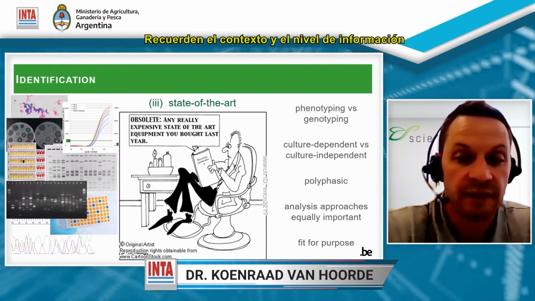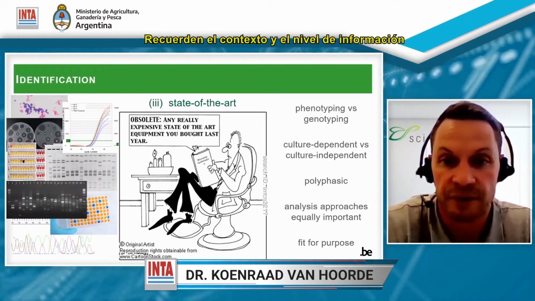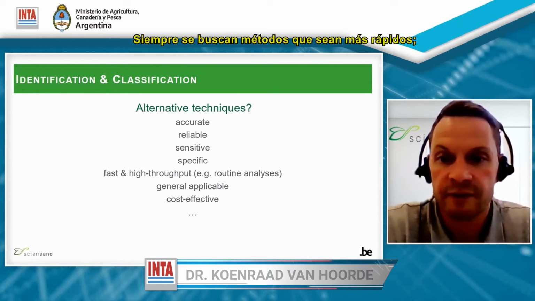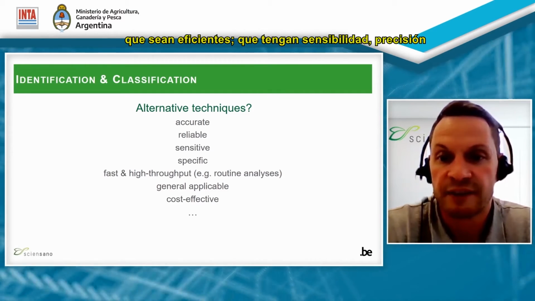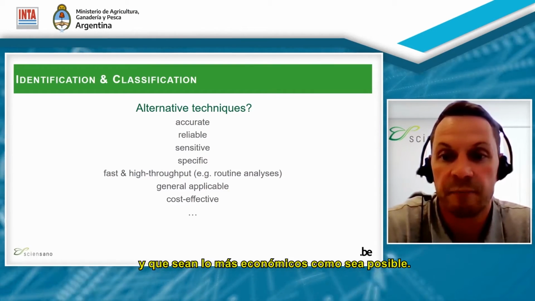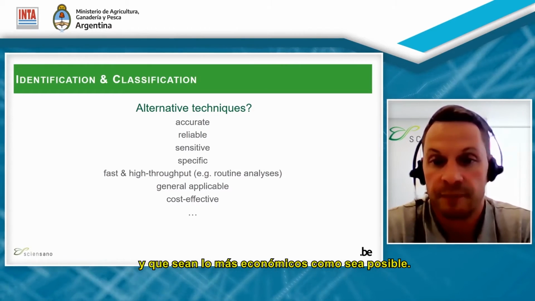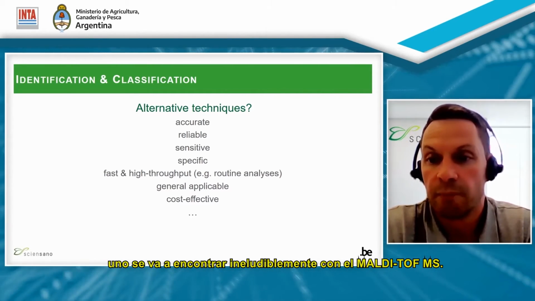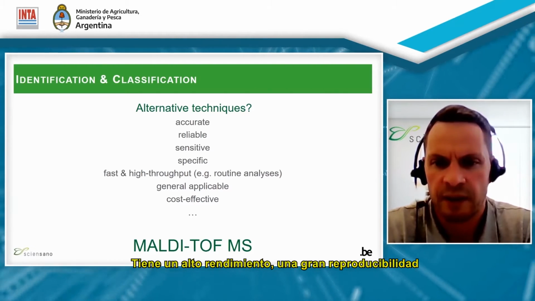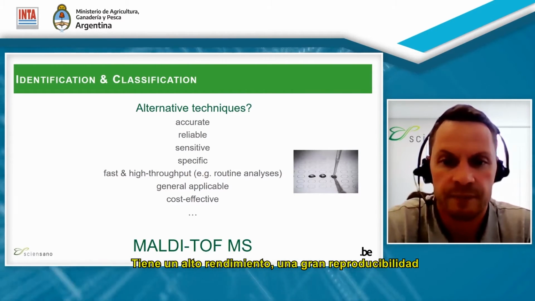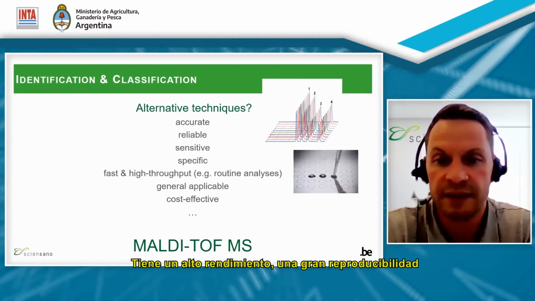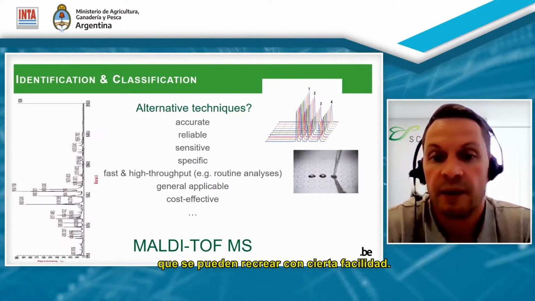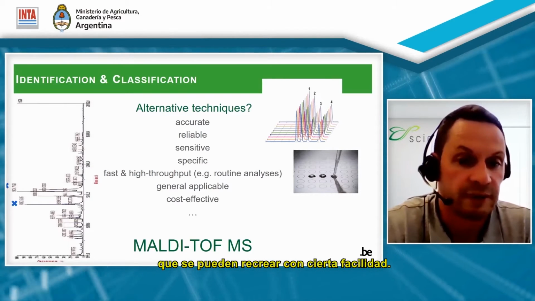Remember the context and the level of information. We are always looking for methods that are faster, better, with sufficient sensitivity, accuracy, and if possible, as cheap as possible. Well, for many applications, inevitably, you will bump onto MALDI-TOF MS. It offers high throughput, it has a high reproducibility, and the generated data, these are the mass spectra, they are relatively easy to work with.